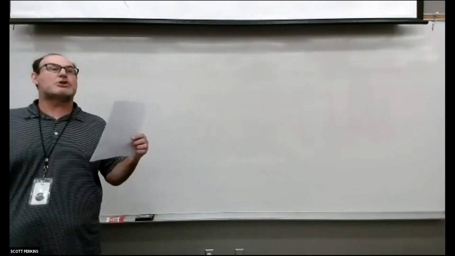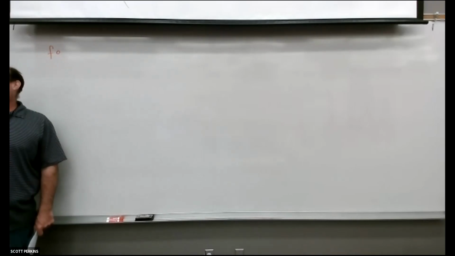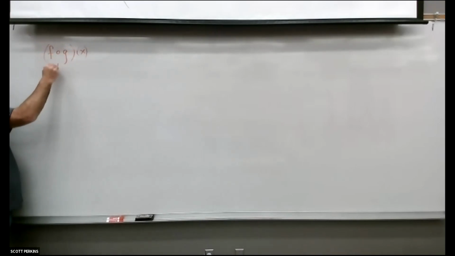I'm just telling you the notation. F composed with, that's a circle, it's not a dot, it's not a multiplication dot. It's just like a little O. F composed with g of x. So this is the symbol for function composition.